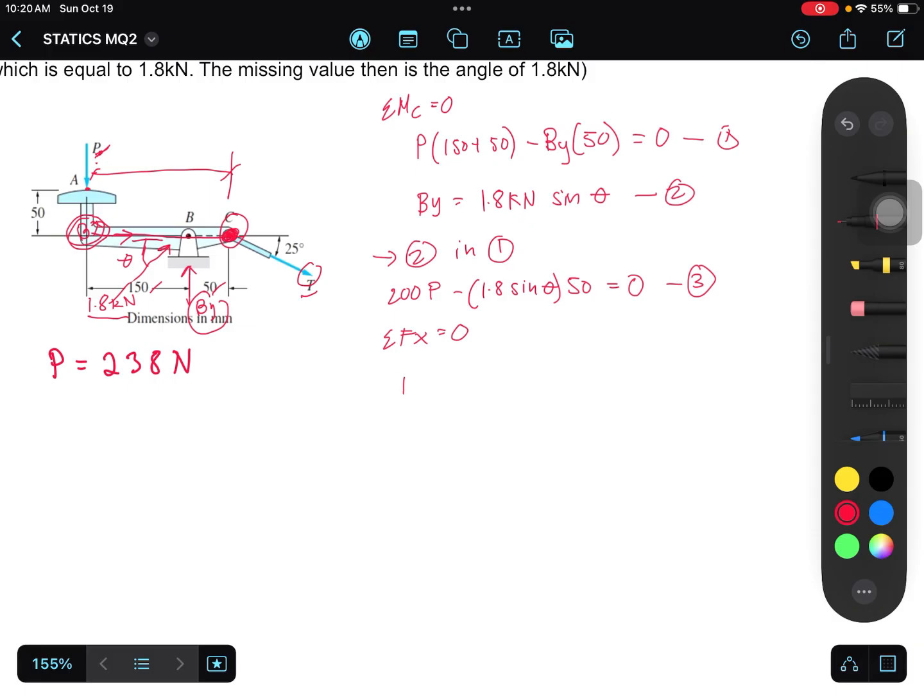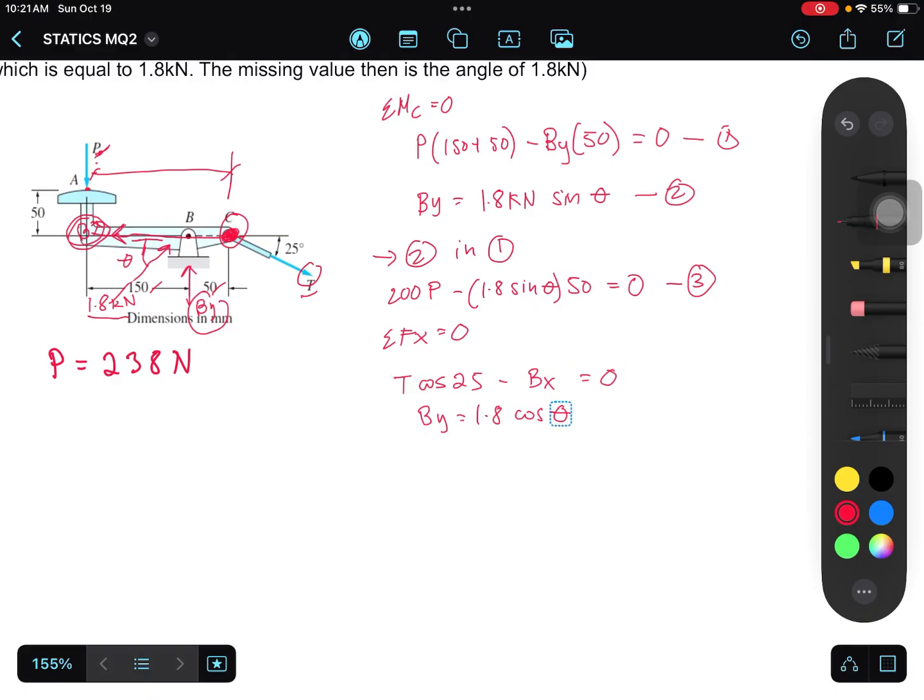So, positive T, and then cosine 25 dahil horizontal component lang. We assume Bx to be going to the right, no? Let me change na going to the left siya, kasi para ma-maintain equilibrium, dapat magkahiwalay sila. So, that is Bx. Wala na, no? So, Bx is equal to 1.8 cosine theta.